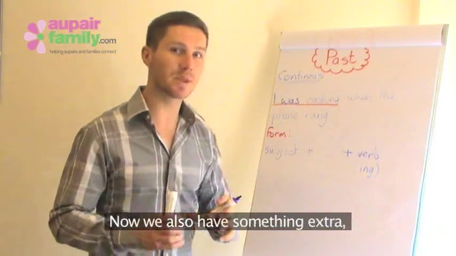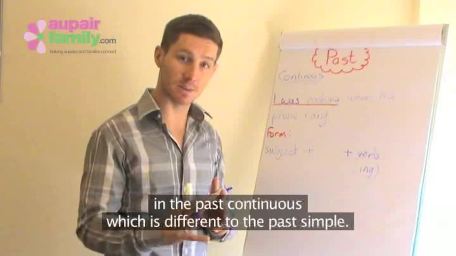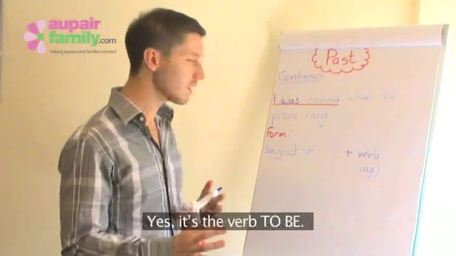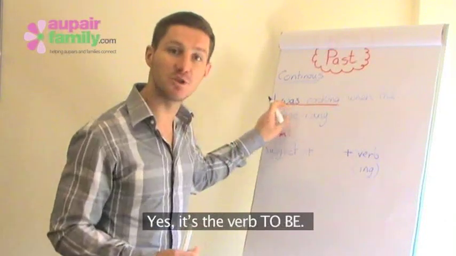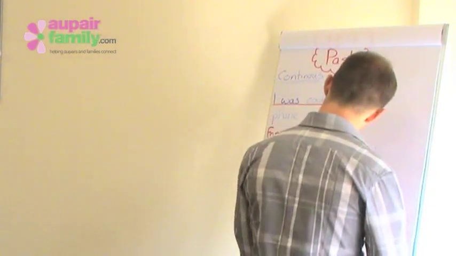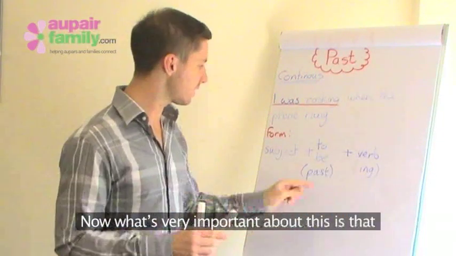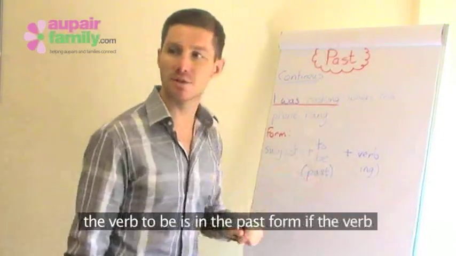Now we also have something extra in the past continuous, which is different to the past simple. Yeah, it's the verb to be. Now what's very important about this is that the verb to be is in the past form.